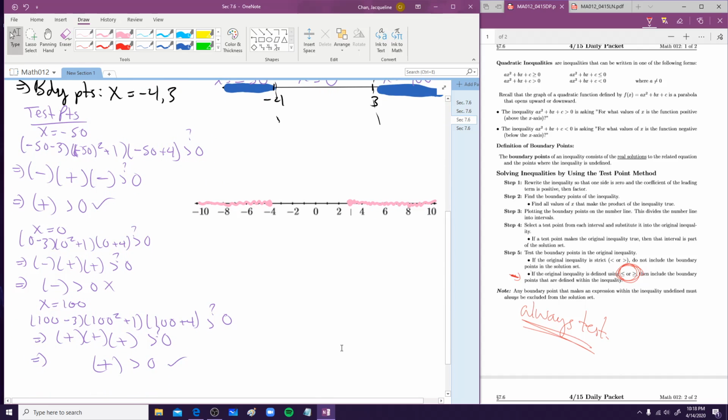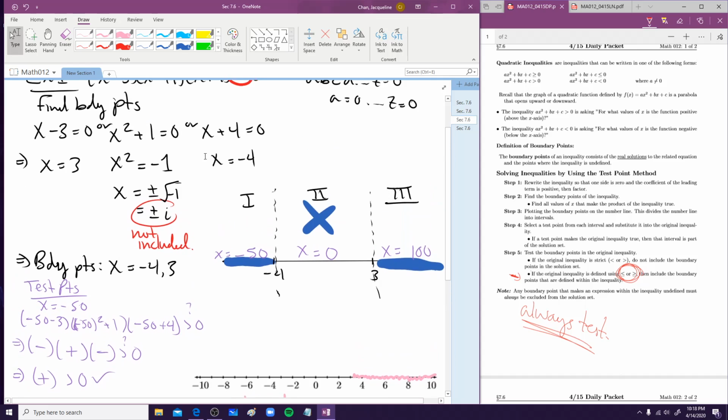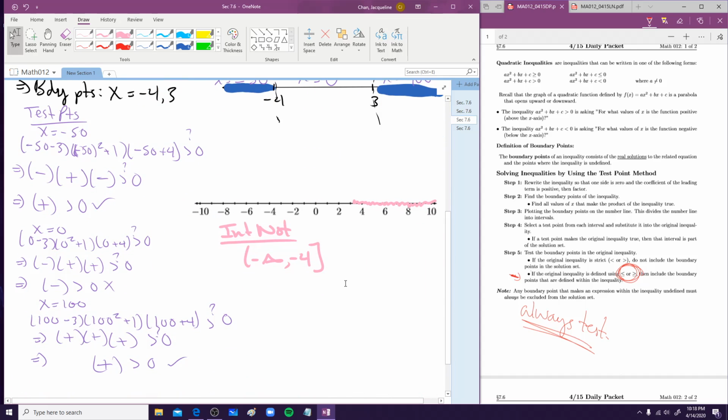Right? So for interval notation, interval notation would be negative infinity to negative 4. 4 is included. Oh, what am I doing? Okay, my bad. Because it is strictly greater than, what does that mean?